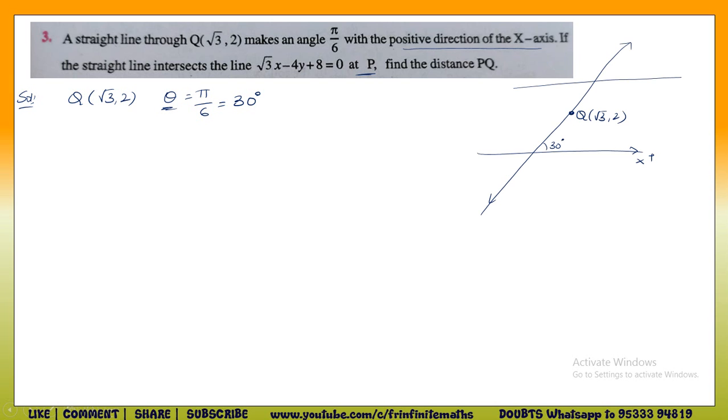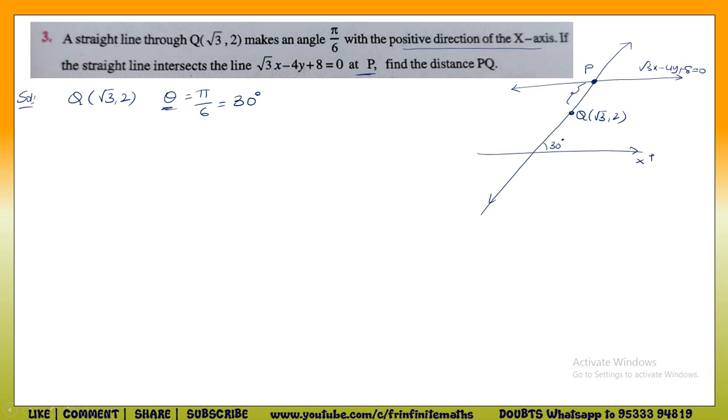So there is one particular line. This is nothing but my line root 3x minus 4y plus 8 is equal to 0, and this is intersecting my line at some point P, and he is asking for this distance.